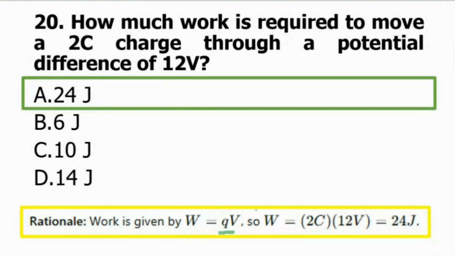So the work is the charge, which is 2 coulombs given in the problem, times the voltage of 12 volts. Multiplying that, you will have 24 joules, letter A. That is how you solve the work given the coulomb and the voltage.